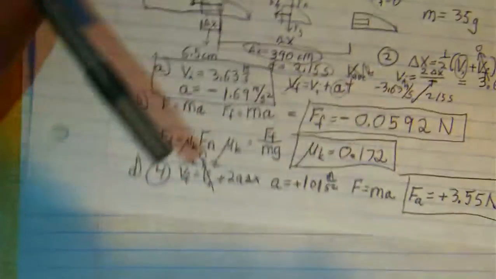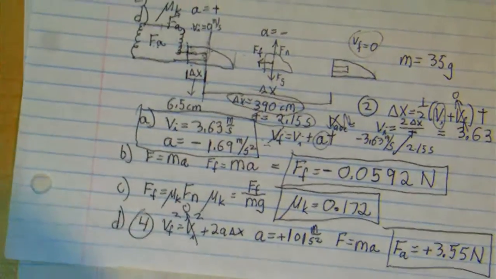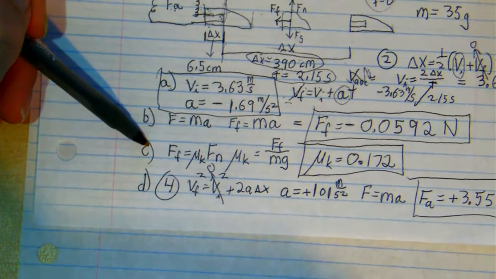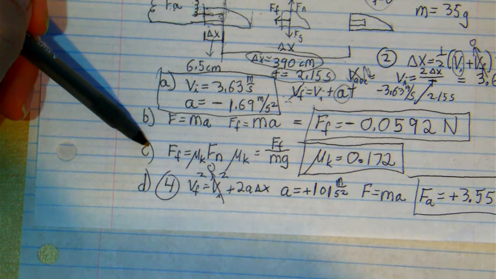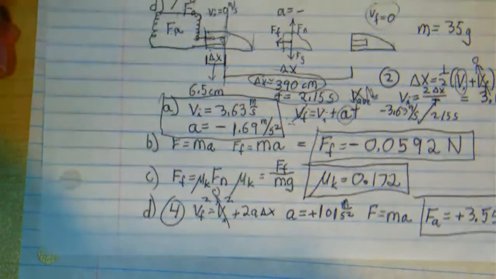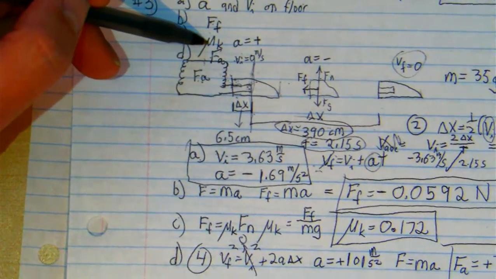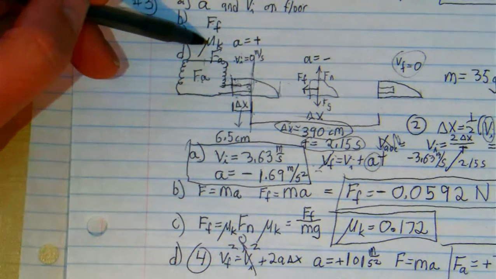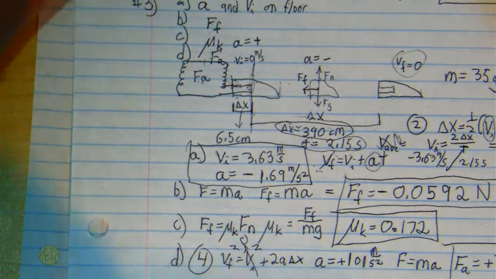Okay, a student question came up requesting a little bit more reteaching clarification on part C of this same problem. In part C, the question was, calculate please, what is the coefficient of kinetic friction between the car and the floor? So here's a little reminder. While the car is sliding across the floor, it's moving.